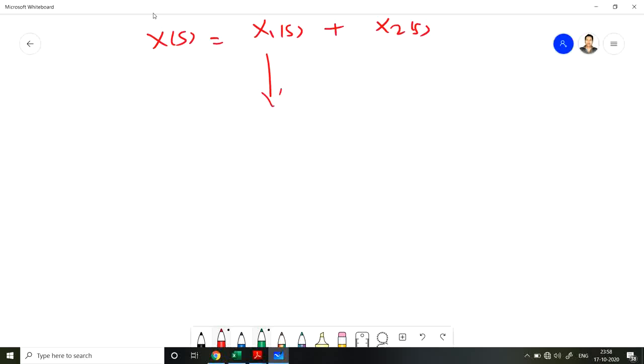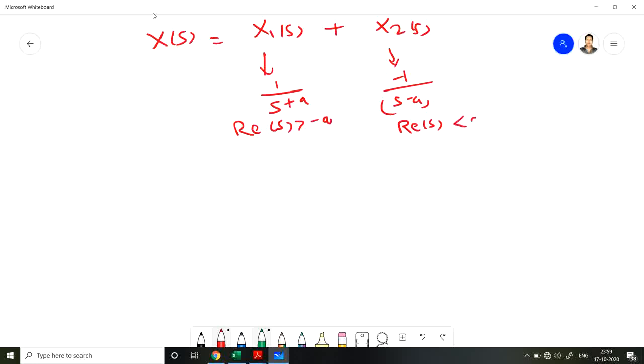So X1(s) we are getting is 1 divided by s plus a, and X2(s) we got is 1 divided by s minus a, and the ROC for this is real part of s is greater than minus a, and here the ROC is real part of s is less than a.